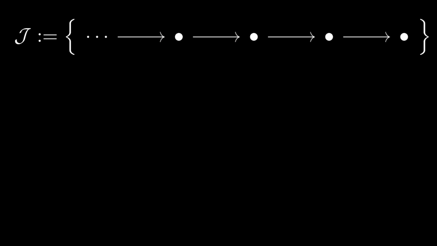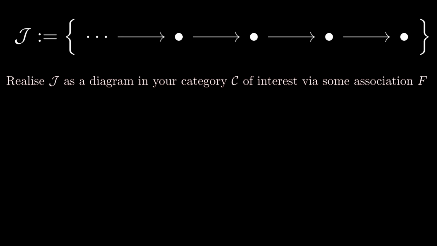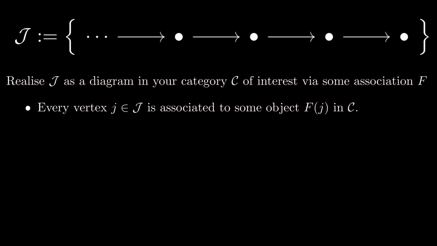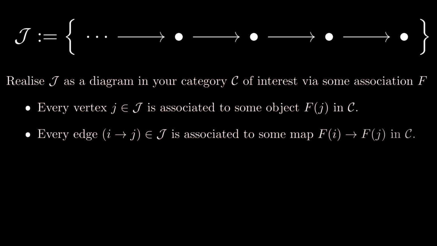Now that we have this abstract shape for a diagram, the next step is to realize this diagram inside of a category. In general, this means associating to every vertex j some object f of j in your category, and associating to every edge i to j in your diagram a map fi to fj in your category.